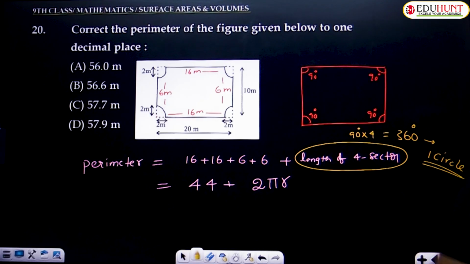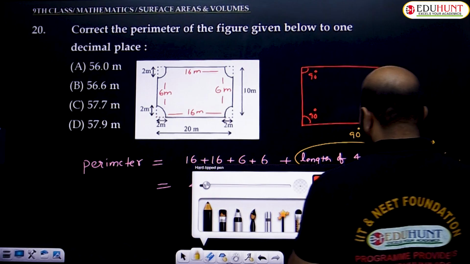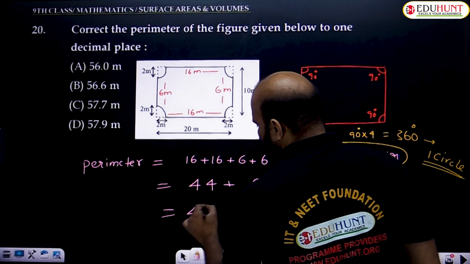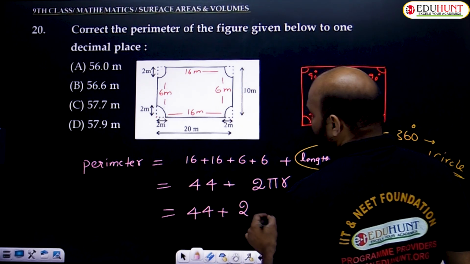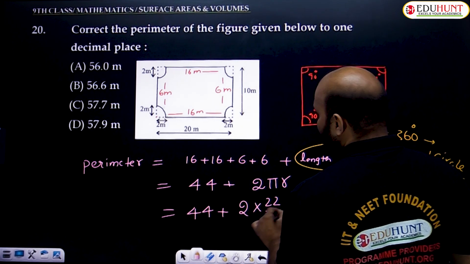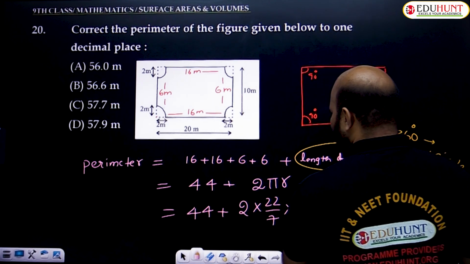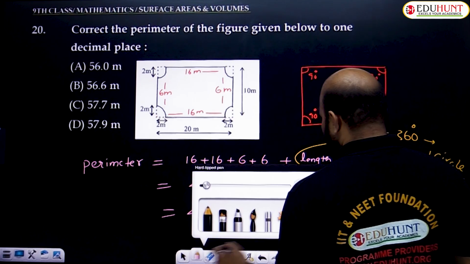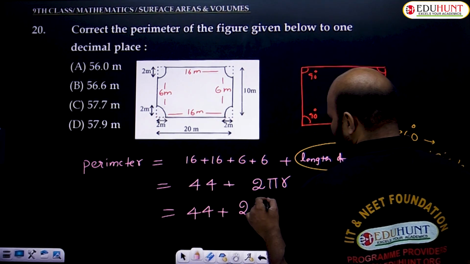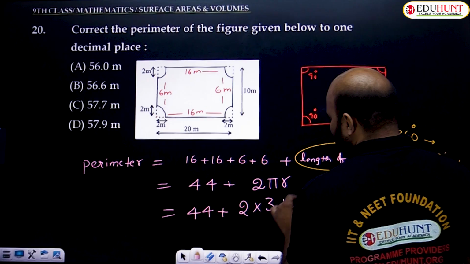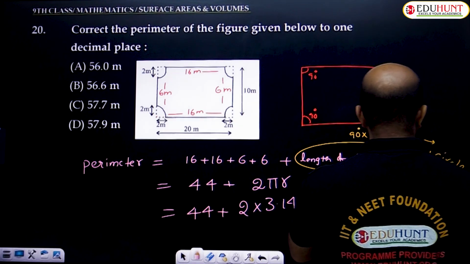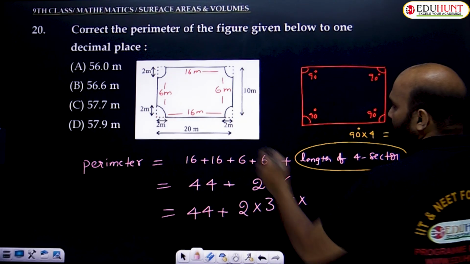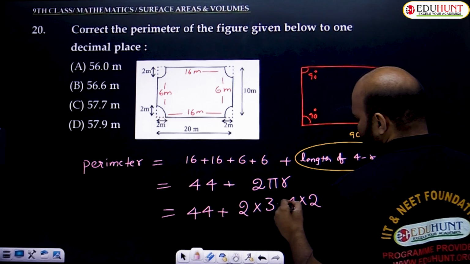So it can be written as 44 plus 2 into pi value 22 by 7 into r value 2 meters given. Or you can directly take pi value 3.14 into r value. R stands for the radius of the sector, nothing but 2 meters.